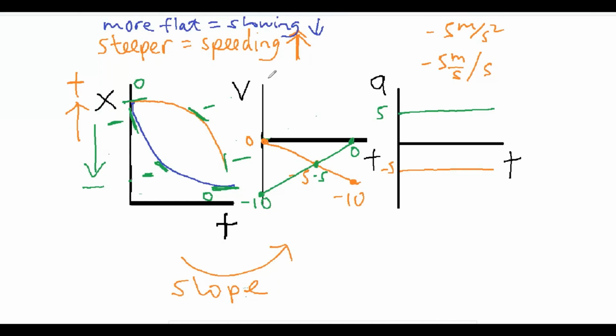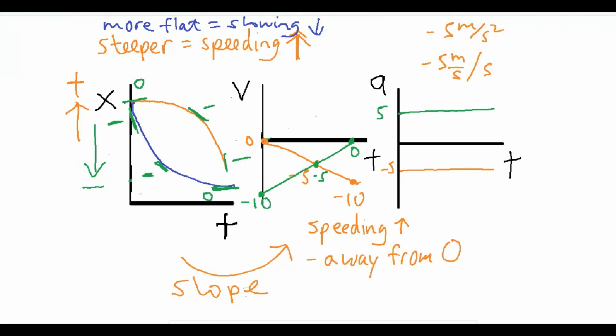Okay, in that case, when you go to your velocity versus time graph, if it's speeding up, then you want to make sure it slants away from 0.